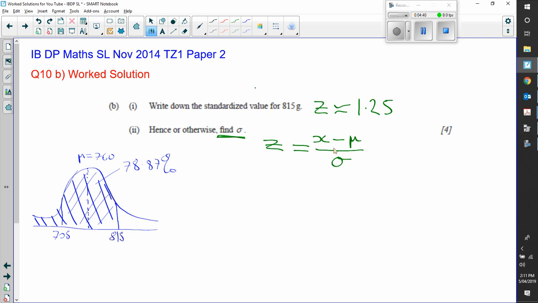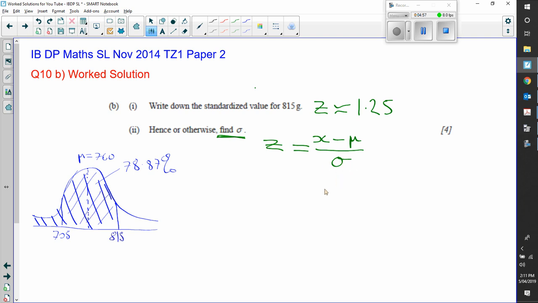We know the Z score comes from the position of 815 grams, and we know the mean. So we just have to rearrange this equation to solve for sigma.